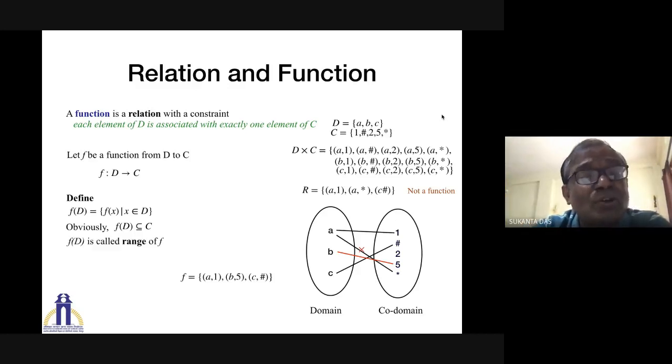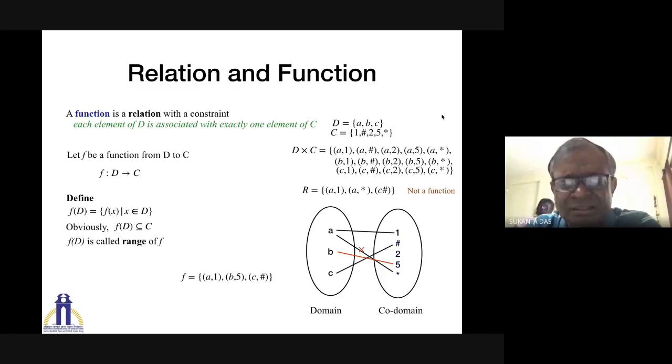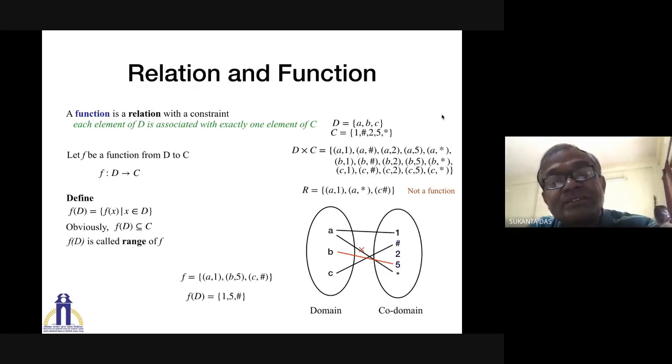We call this f(D) the range of f. These two terms are used, codomain and range. Range is a subset of codomain always. Sometimes range is equal to codomain, but generally range is a subset of the codomain set. Here, for this particular example, f(D) is 1, 5, and hash.